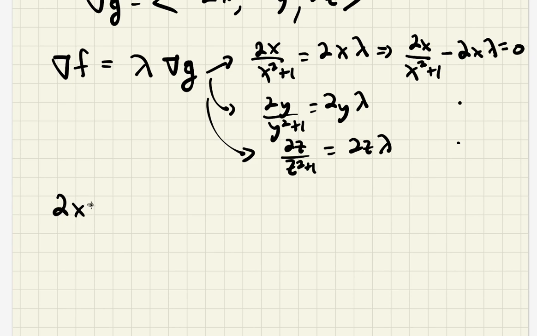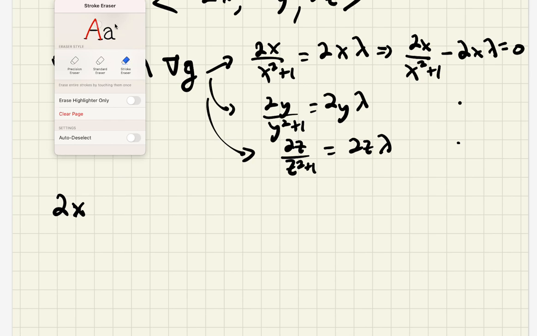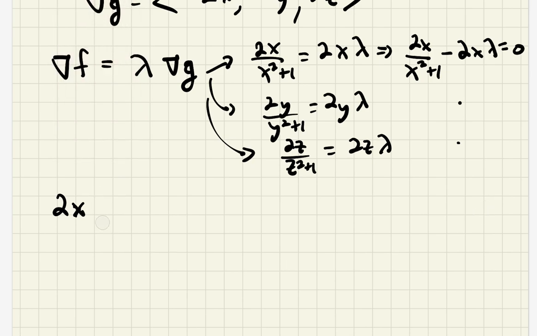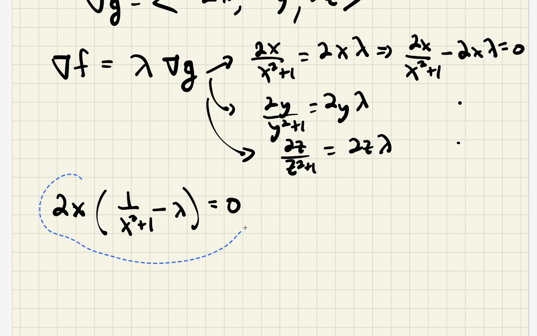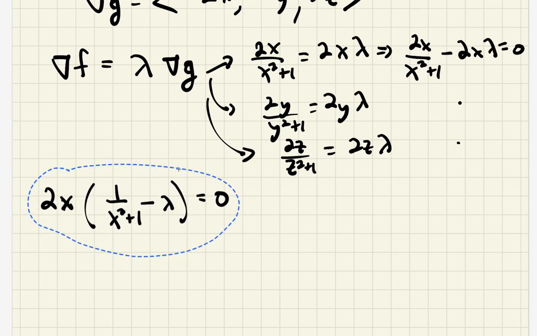So let's factor out the 2x. That gives us 2x times the quantity of 1 over x squared plus 1 minus lambda equal to 0, and similar equations for y and z.